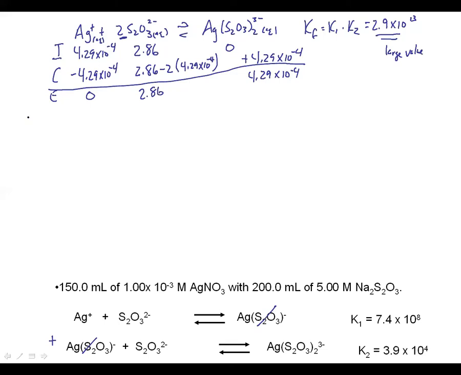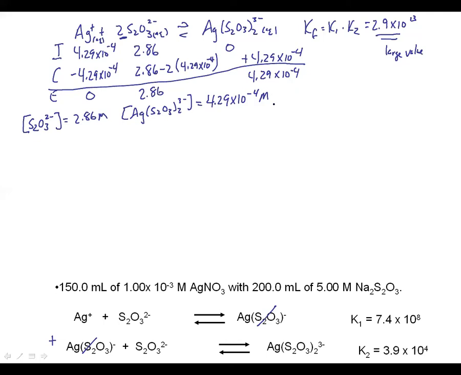We have the concentration of S2O3 2 minus is equal to 2.86 molar. We also have the concentration of our AgS2O3 minus is equal to 4.29 times 10 to the minus 4 molar.